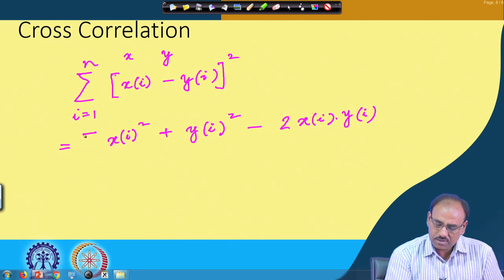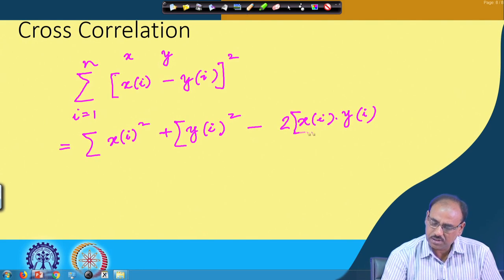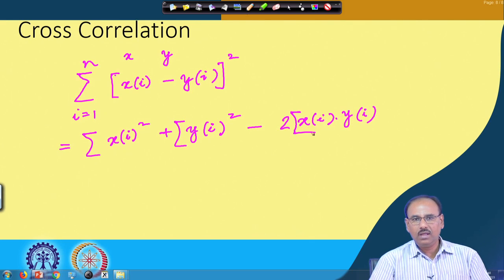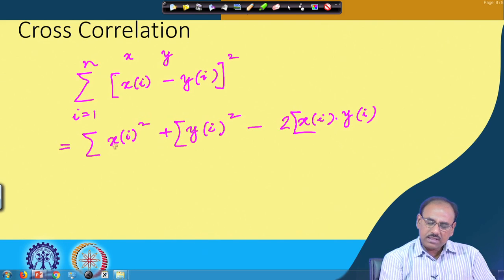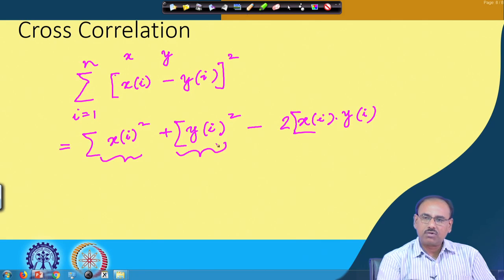Take the summation of this, and summation of this. So, here you find that given x and y, that is, you are given a set of samples from x, you are given a set of samples from y. So, given x and y, the sum of x square and the sum of y square is fixed.